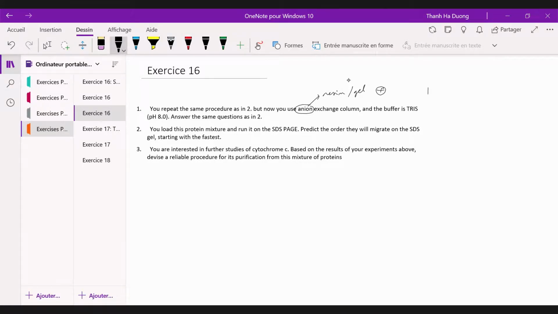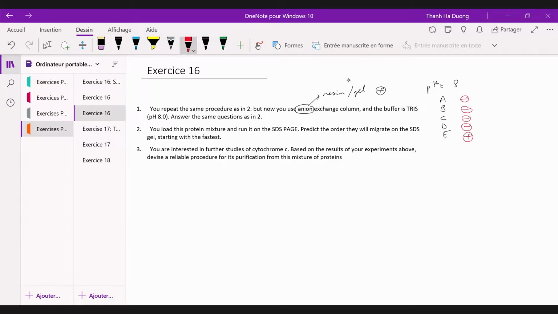And at pH 8, tell me what is the charge of the proteins A, B, C, D, and E. A will be negative or positive? Negative. B, negative, yes. C, negative, yes. D and E, positive, yes.